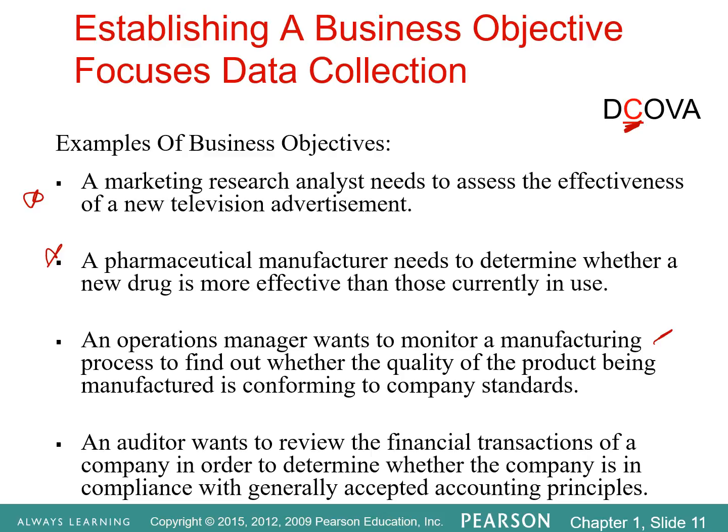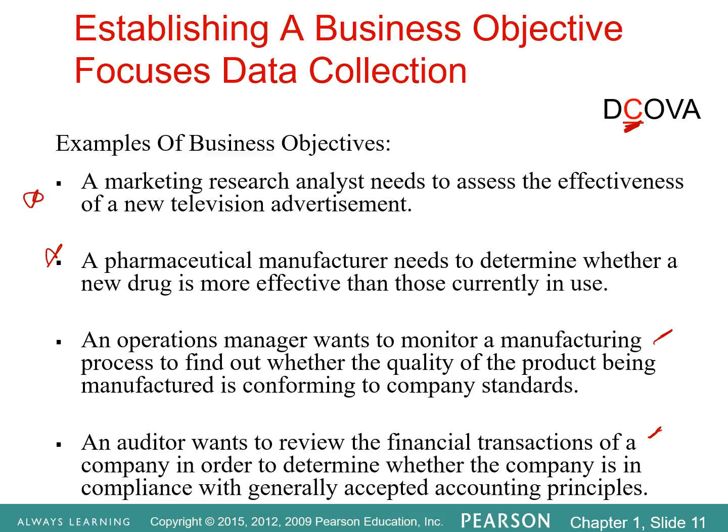This one's not on here, but maybe a hospital is going to collect data on the quality of care patients are getting from nurses, or the quality of care patients are getting from the doctors. And this last one here is an auditor wants to review the financial transactions of a company in order to determine whether the company is in compliance with the general accounting principles.